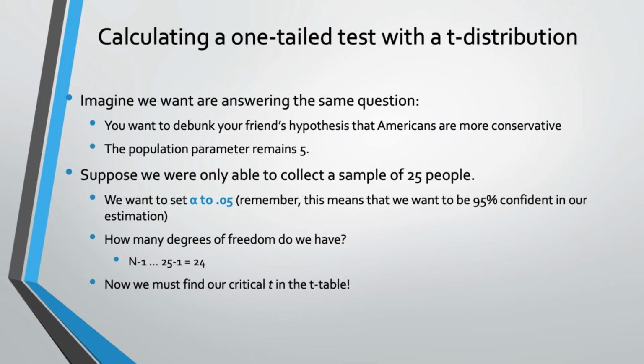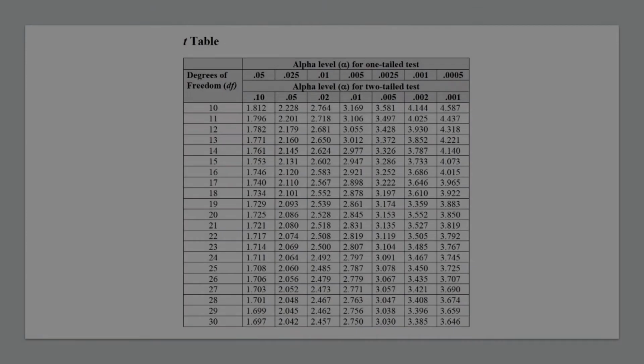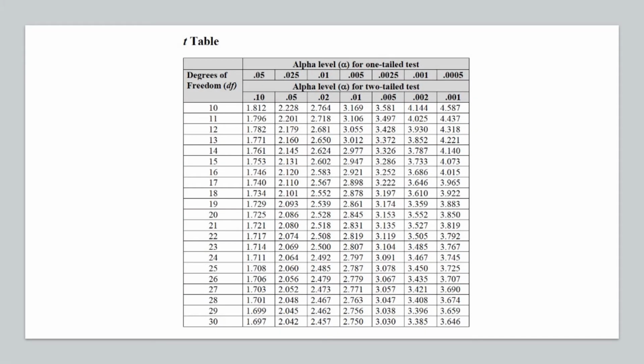So we know that degrees of freedom is calculated by n minus 1. We see that our sample size here is 25, so 25 minus 1 equals 24. And all we have to do, instead of the very complicated z table looking up and calculating proportions and determining what's in the rejection zone, is look up the degrees of freedom in the t table. So it's super easy.